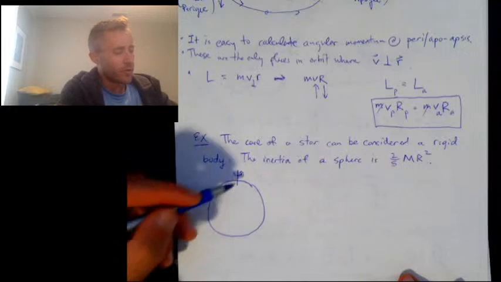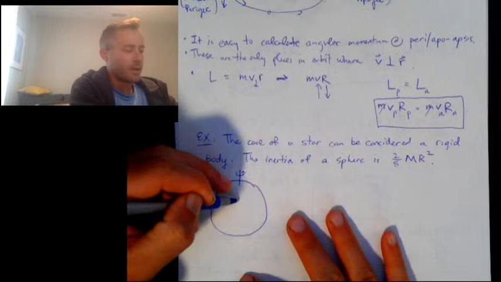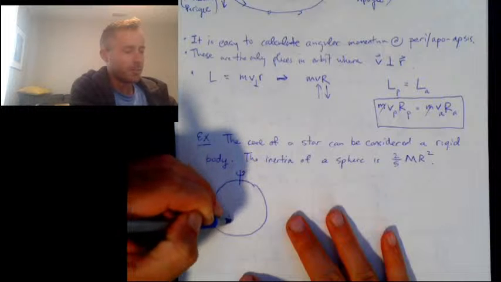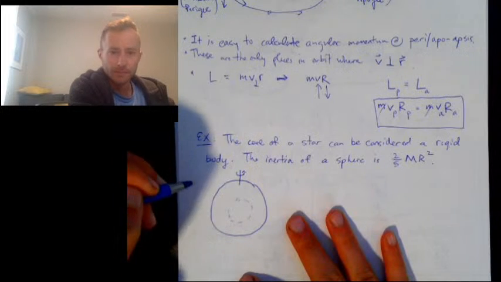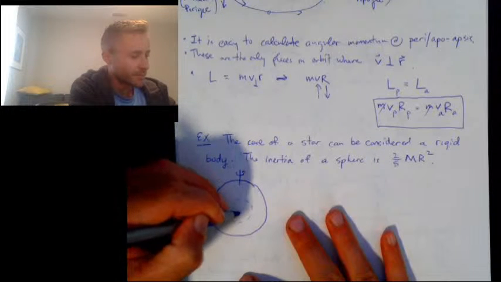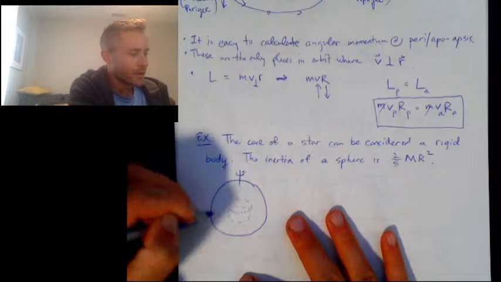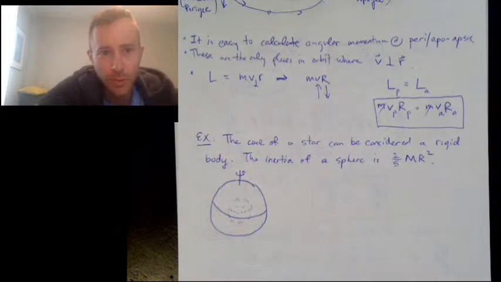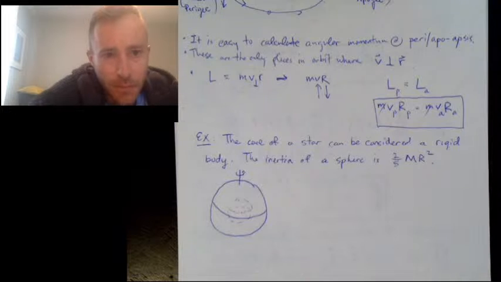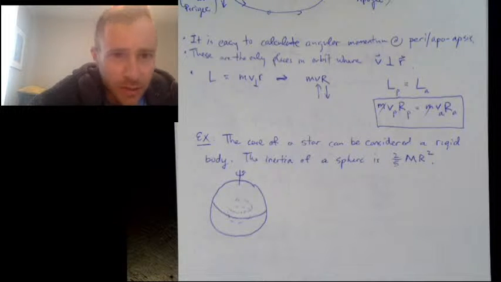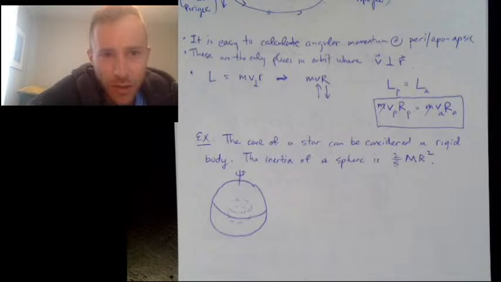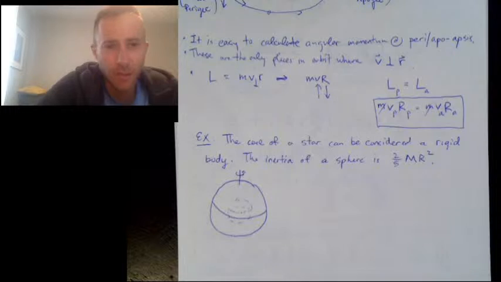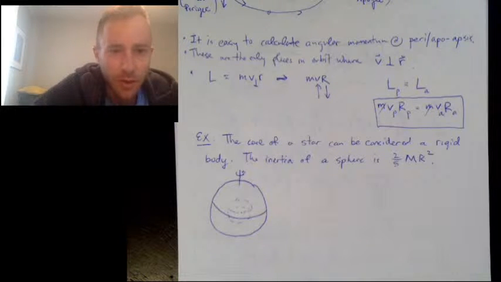So you have this star that's rotating, and it has its core in the center that's rotating. And then it has the outer surface. I don't think it's called the mantle, but you have the convection zone, you have the radiation zone. Just like you have layers of a planet, you have layers of a star.